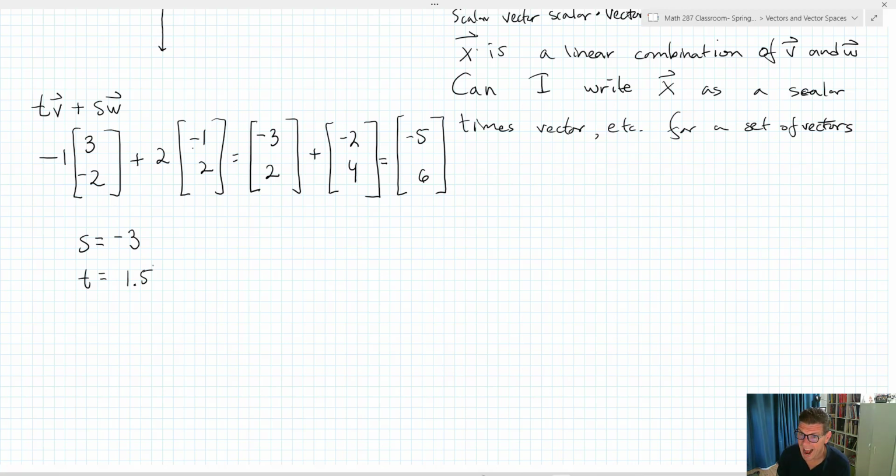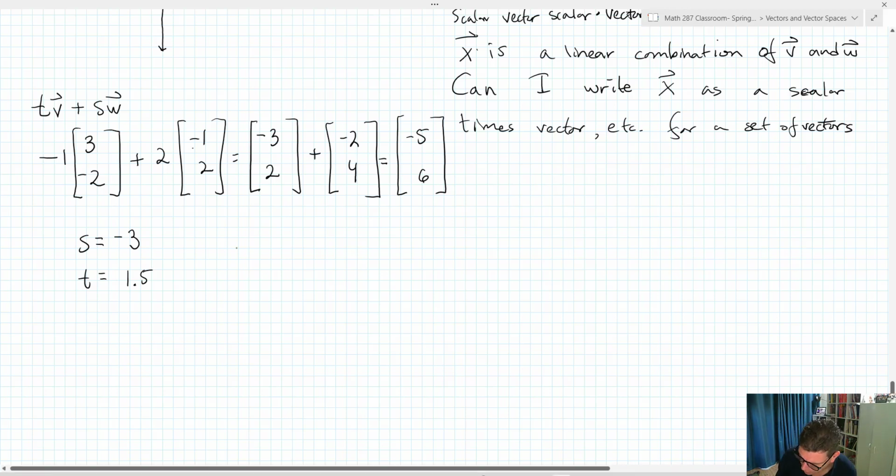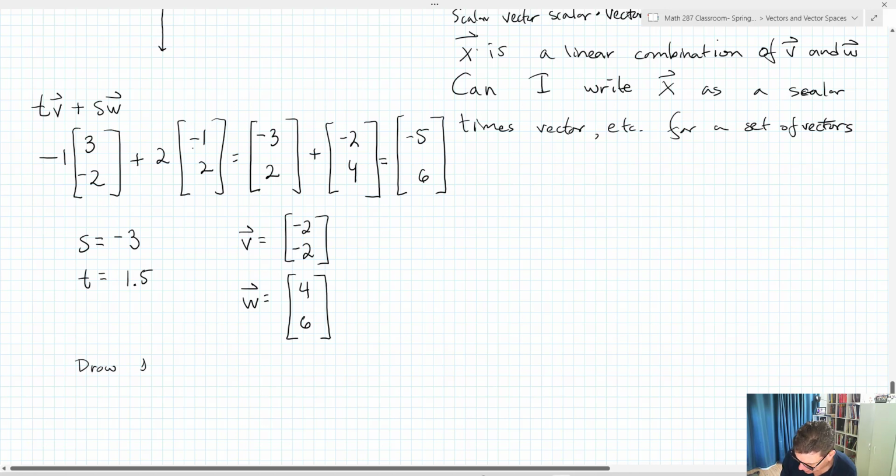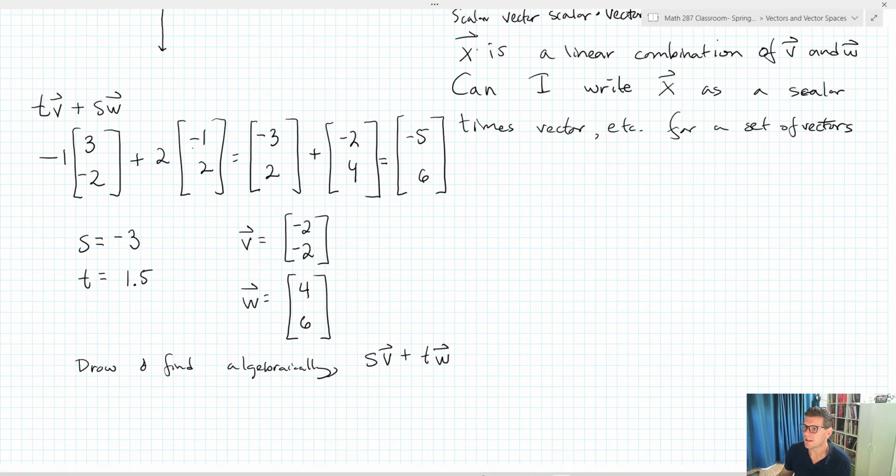And we're going to let V equal negative 2, negative 2, and we're going to let W equal 4, 6. So go ahead and draw, and then find algebraically SV plus TW. Go ahead and pause your video and find SV plus TW.